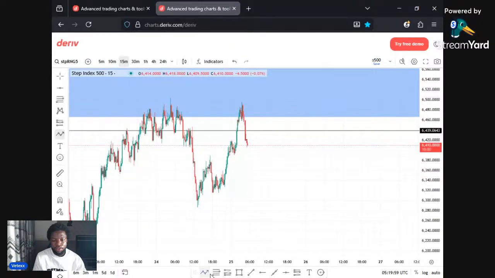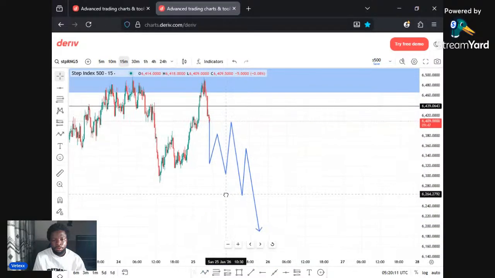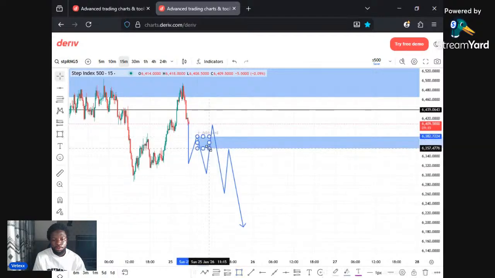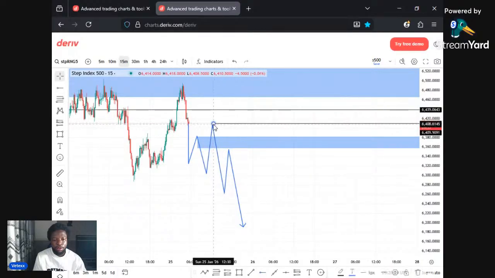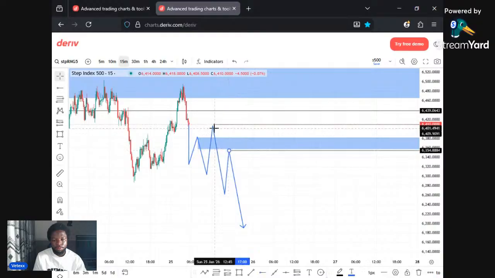Probably something like this in the next few hours. So we're going to be anticipating something like this for our continuation before the price takes out the target. Hopefully price does that, and if it doesn't, we'll be waiting until that happens.